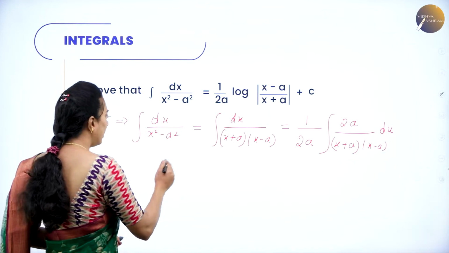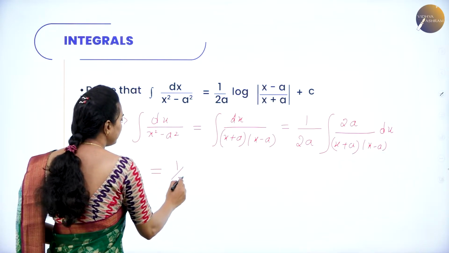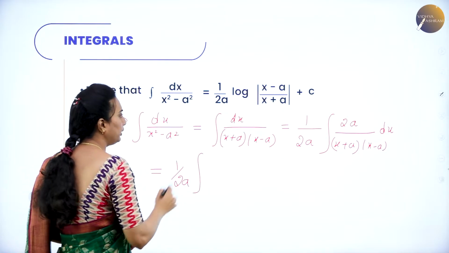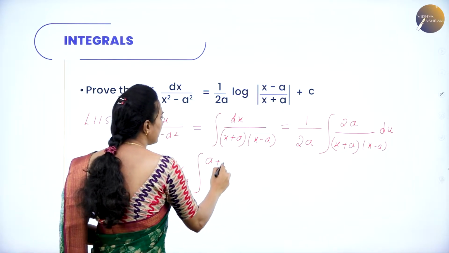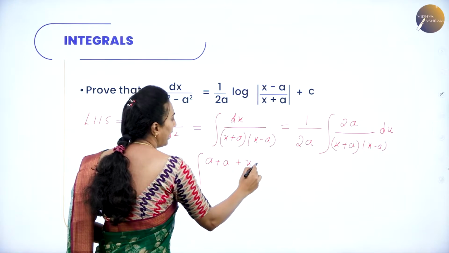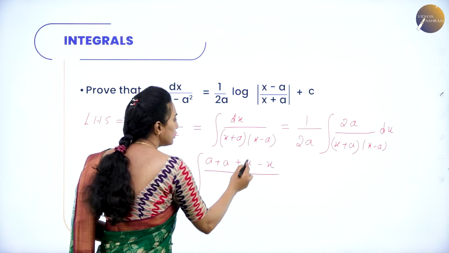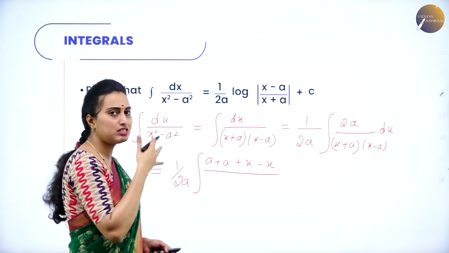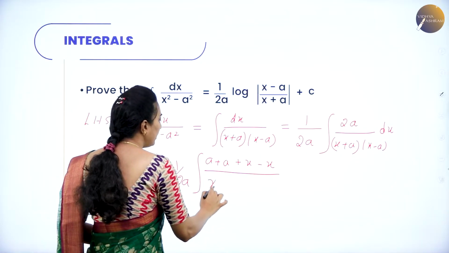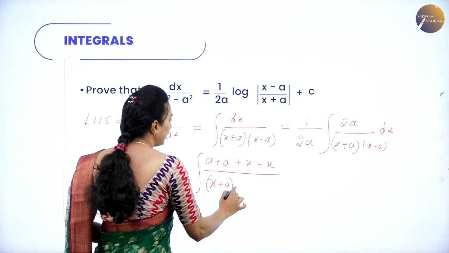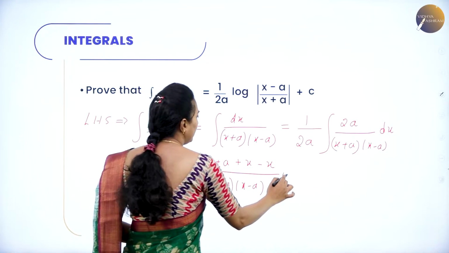So therefore, here I am going to make 1 by 2a into 2a can be written as a plus a. Along with that, I am going to add x and then subtract x. So adding and subtracting, it will get cancelled, going back to the same step. Denominator as it is x plus a into x minus a into dx.